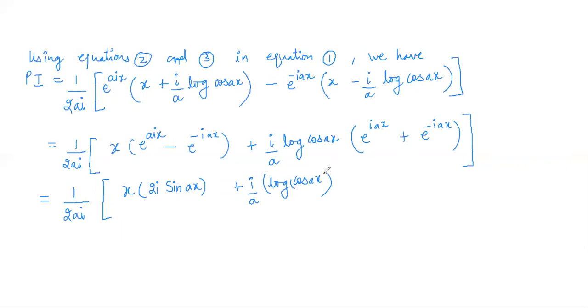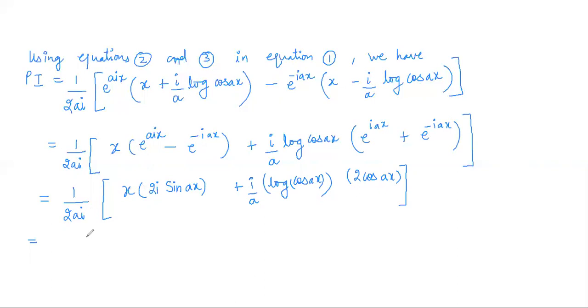You can write it like this, log cos ax, and here I will be using the formula. We will be getting 2 cos ax. So if I further simplify it, this 2 iota will cancel out.